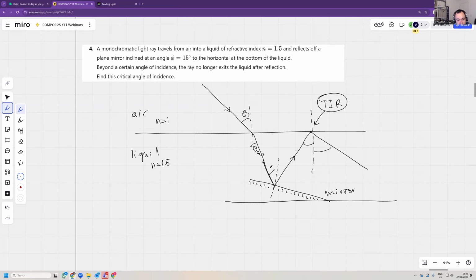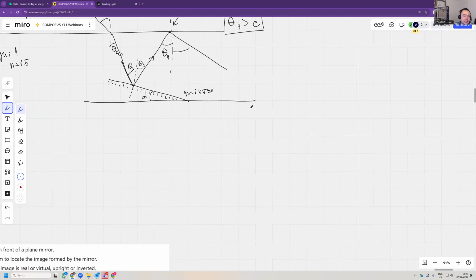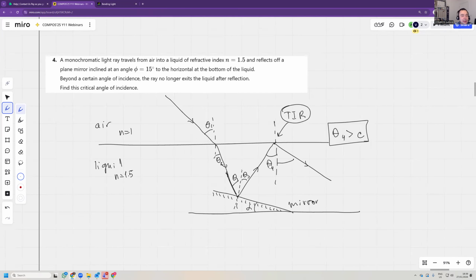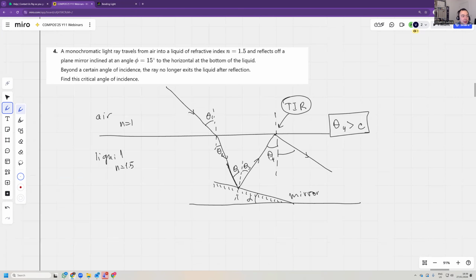This is theta 3, and this is alpha, and this is theta 4. So theta 4 must be greater than the critical angle. That's the condition in which light will not escape the water. So light enters and reflects off and then comes off, right?